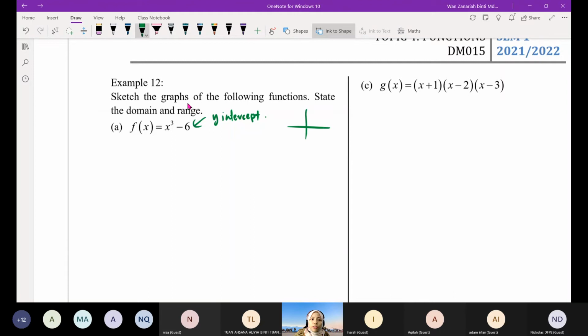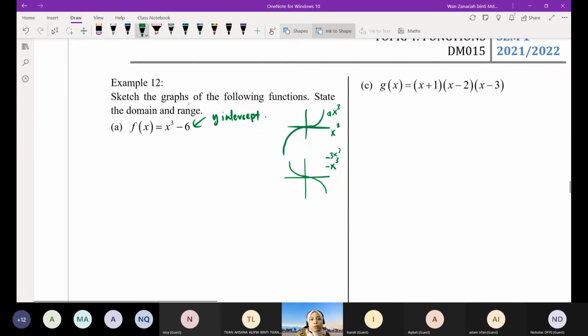You kena practice graph x cube mesti dari kanan jatuh ke bawah, itu kalau A dia positif. Contoh x cube, positif. Tapi once dia dah jadi negative x cube ataupun negative 3x cube, dia dari kiri turun bawah. So ini kena practice lah.